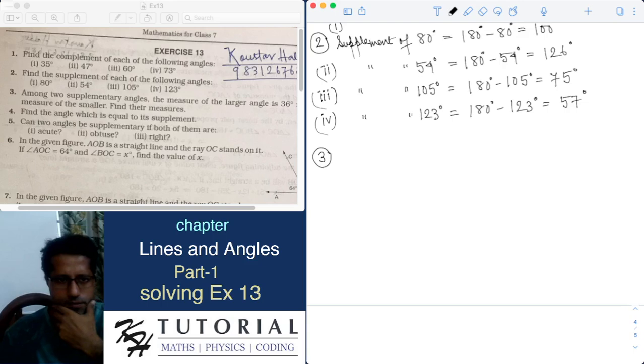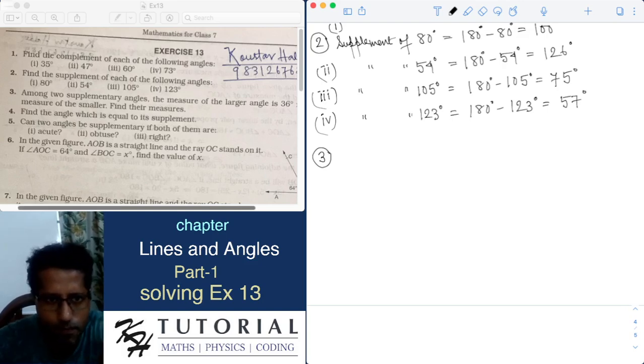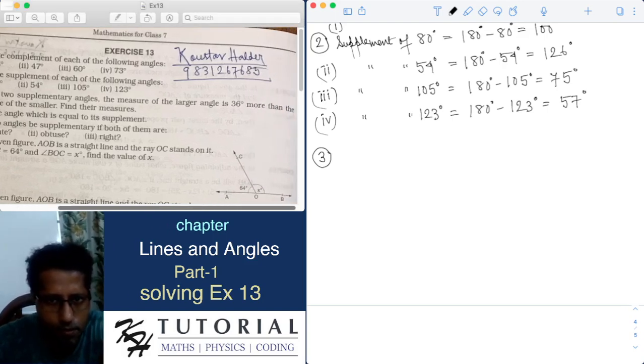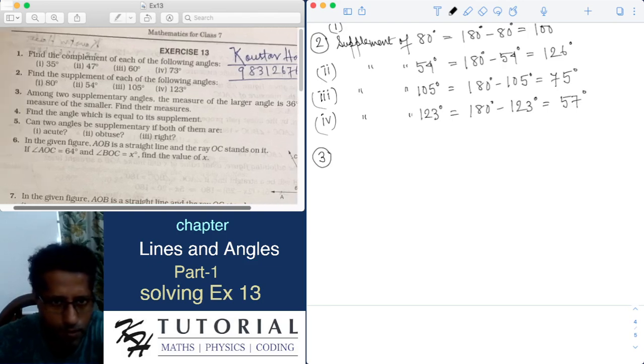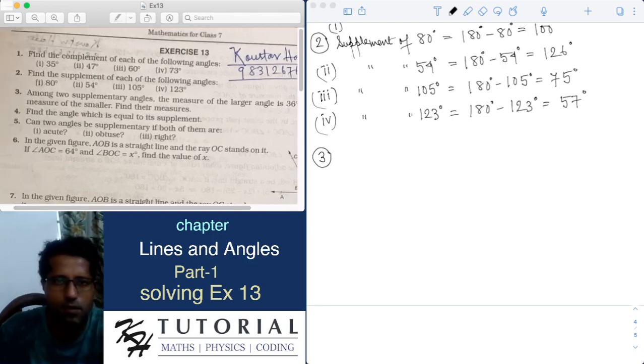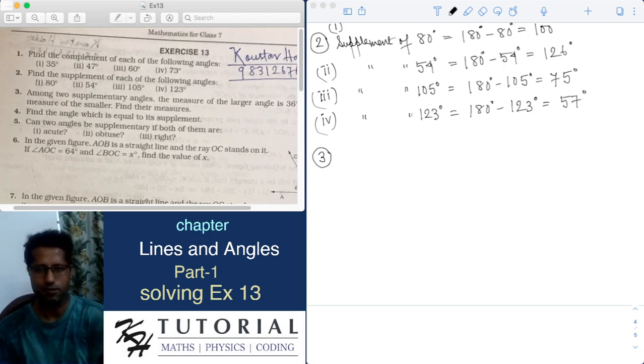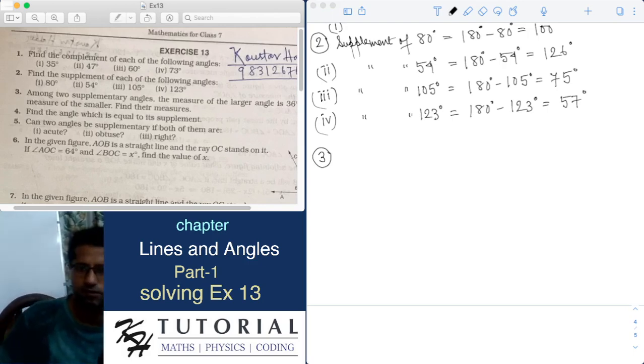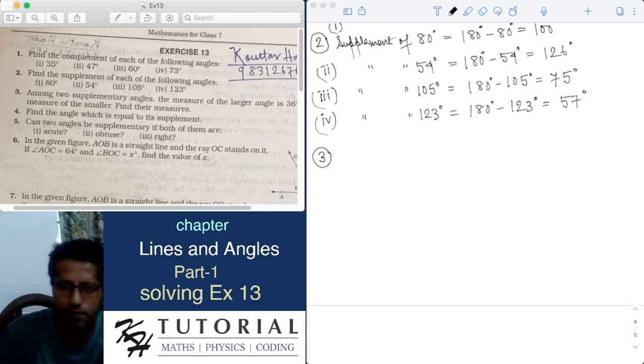Question number 3 says, among two supplementary angles, the measure of the larger angle is 36 degree more than the measure of the smaller angle. Find their measures. Okay. So it is saying that the two angles are supplementary angles and the larger angle is 36 degree more than the smaller angle.